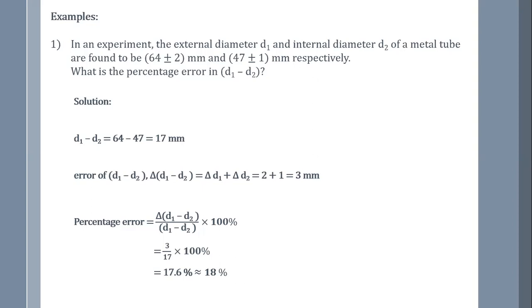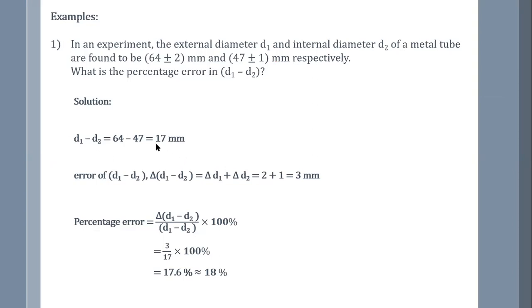In an experiment, the external diameter D1 and the internal diameter D2 are found to be 64 and 47 respectively. What is the percentage error in the thickness? So my advice: write a formula. Let's say the thickness T equals D1 minus D2.